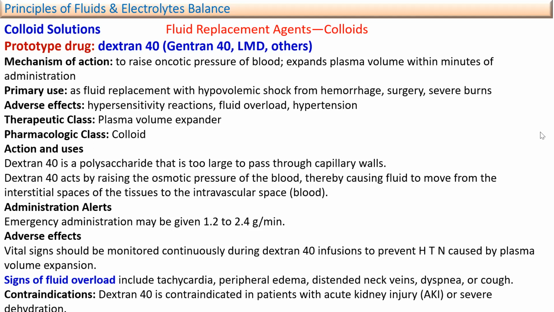The cardiovascular responses include increased blood pressure. When you give dextran, you anticipate expansion of the blood plasma volume, which will result in increased blood pressure, increased cardiac output, and improved venous return to the heart. Dextran 40 is usually excreted rapidly by the kidneys.